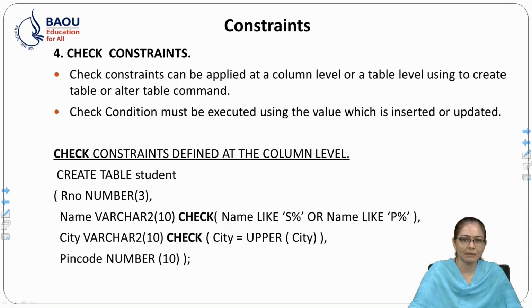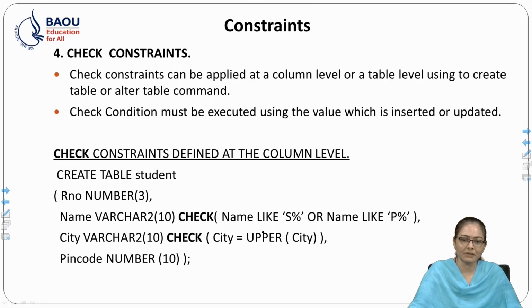Percentage means any number of characters after the first character S, or name like in single quotation P and then percentage sign, meaning starting with P and any number of characters after P. Then comma, then city varchar2 10, then check constraint, check in brackets column city is equal to upper.